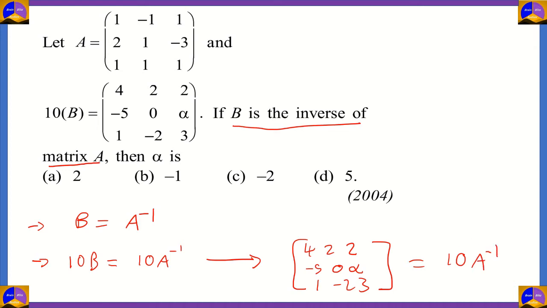Now what conversions can we do further in order to make this in terms of A? Well, what you can do is post multiply by the matrix A on both sides.